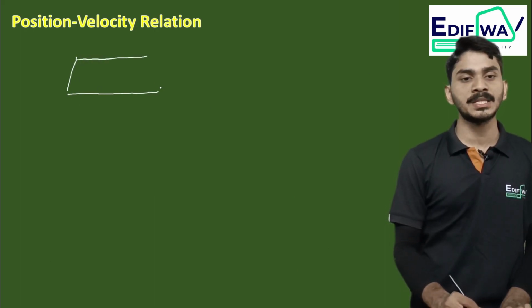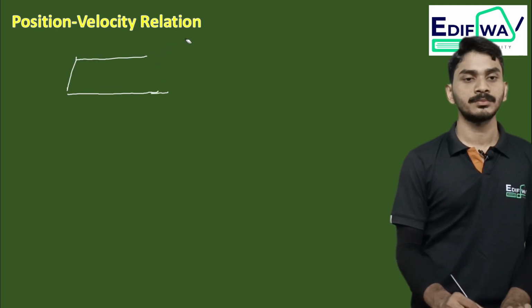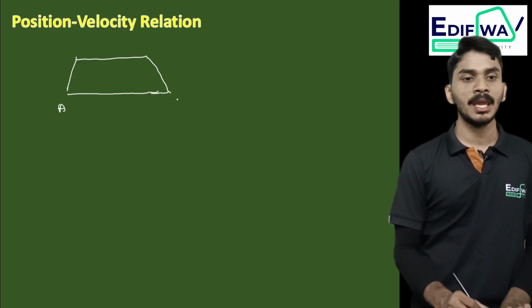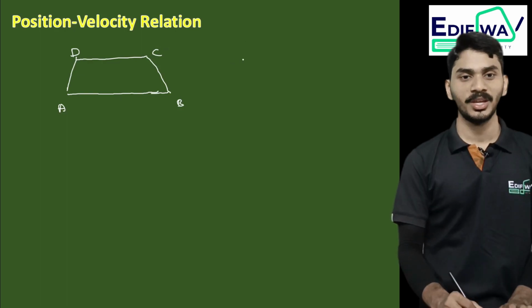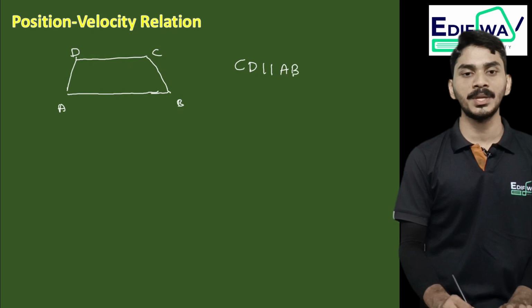Suppose this is a trapezium A, B, C, D. So here CD is parallel to AB.